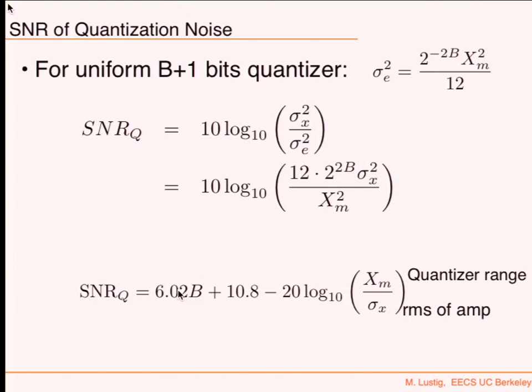Plus a constant number, which relates to the log 10 of 12, which is 10.8, minus 20 log 10 of the quantizer range divided by the RMS of the amplitude of your signal. So sigma x is really the root mean square amplitude of your signal.